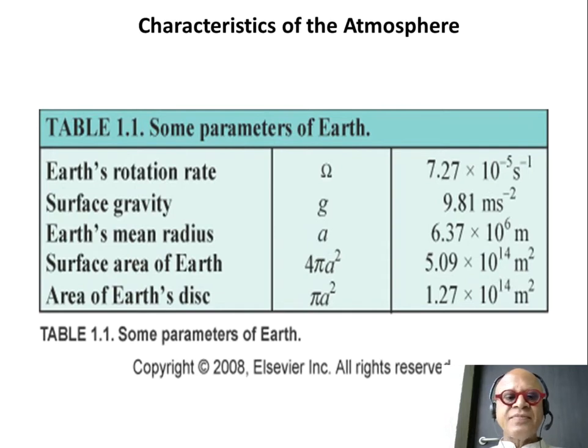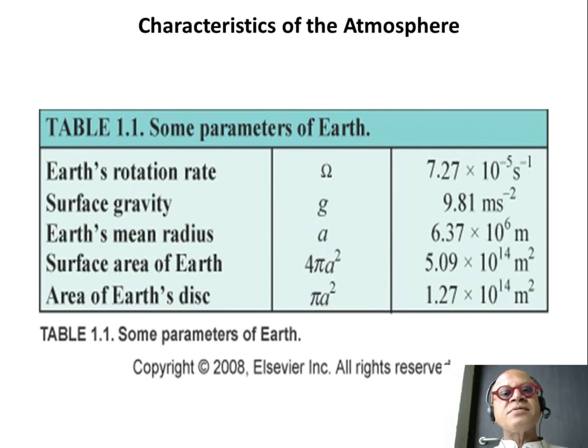Surface area of Earth's disk. What is that? Basically, if you take, let's say, a tennis ball and you flash a light at it and look at its shadow on the wall, it's going to project a circle in the shadow, right? A sphere projects a circle as a shadow. So the area of Earth's disk is like Earth's shadow.